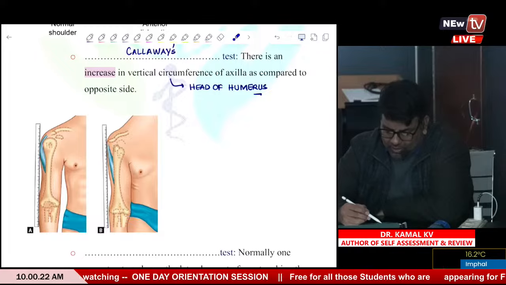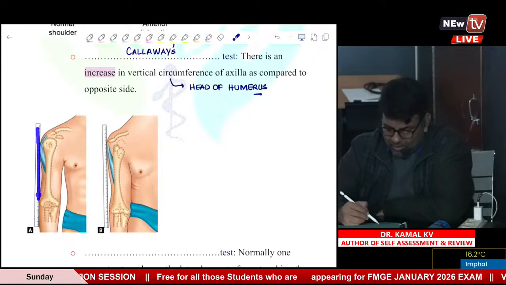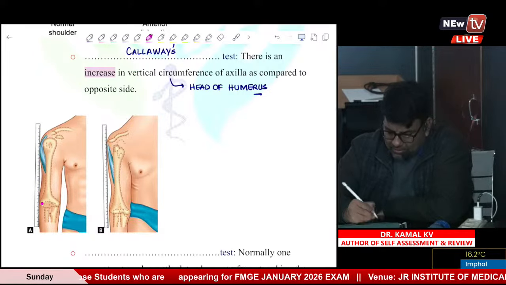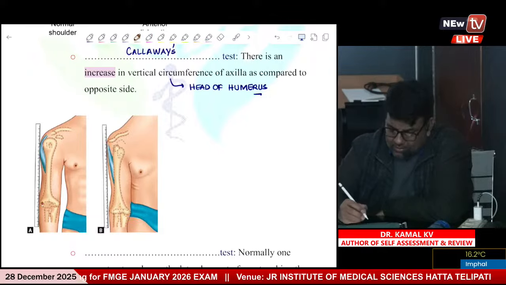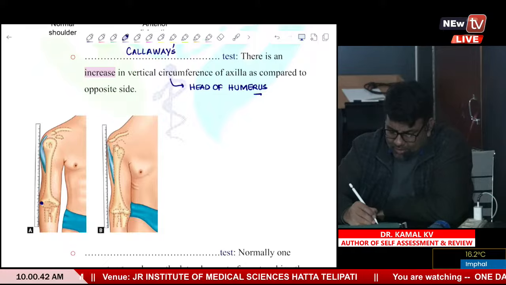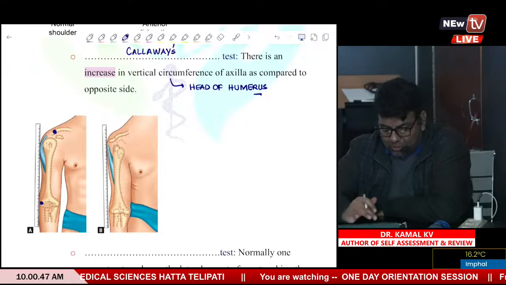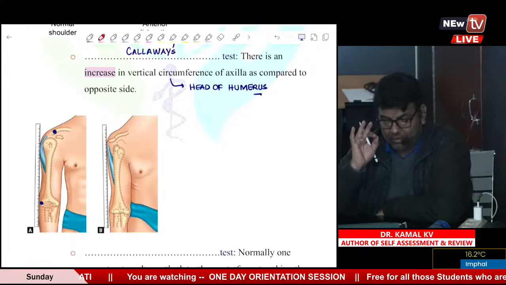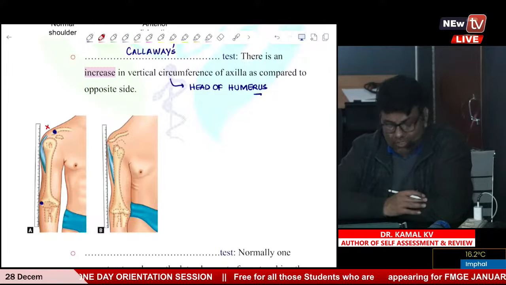What we are doing is putting a ruler or a scale, and this landmark is the lateral epicondyle, and this landmark is the acromion. In a normal shoulder joint, we cannot touch both the bony landmarks at the same time. See, here the acromion is not touched.